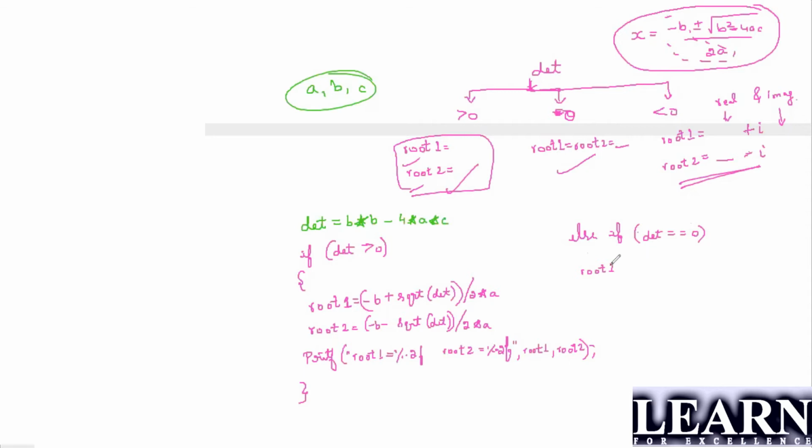Okay, I'll take out root 1 is equals to minus b divided by 2a, and I will write printf root 1 equals to root 2 equals to percentage point 2f, and that value is nothing but root 1, because we have calculated only root 1. This will work out. So we are done with the first condition, we are done with the second one.